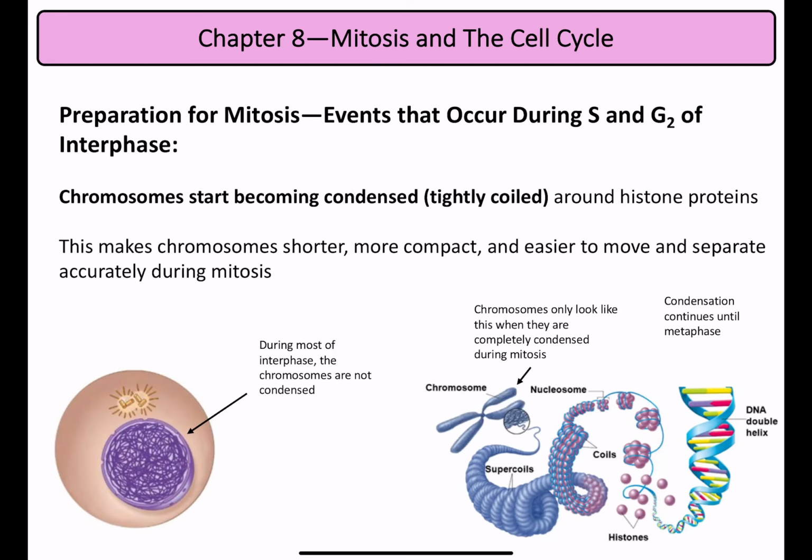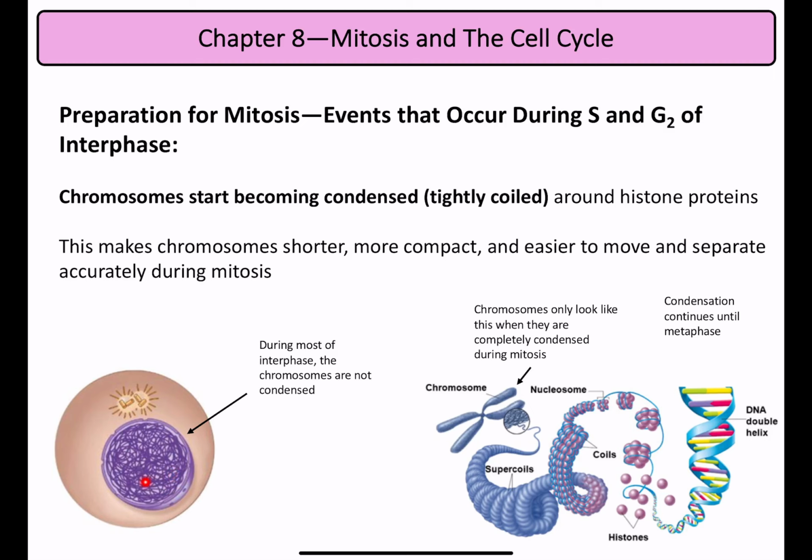The second, which we haven't talked about, is that as a cell progresses from S phase to G2 to the start of mitosis, all of the chromosomes start to get really tightly wound up and coiled up. So as you can see here on the left, before G2, all of the chromosomes are kind of unwound.